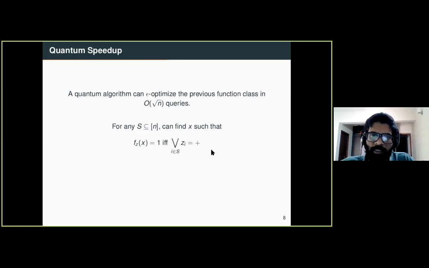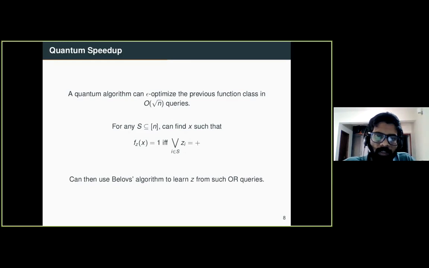So we basically get OR queries at a cost of 1 query. And we can use this along with Belovs's algorithm, which uses such OR queries and learns a complete string within order square root n queries. So therefore, the complexity of this is order square root n.